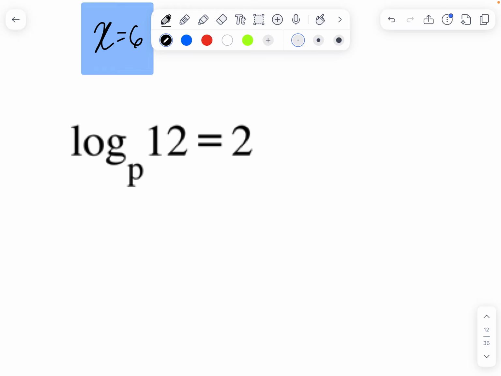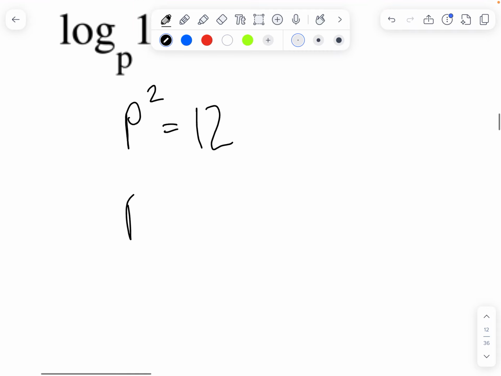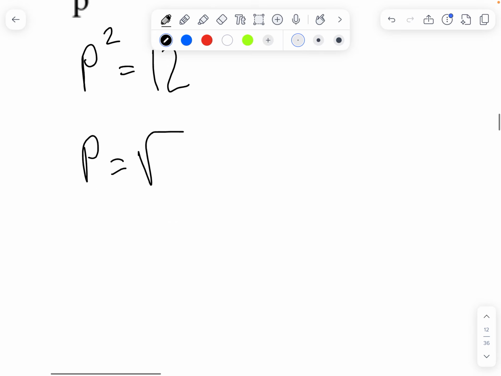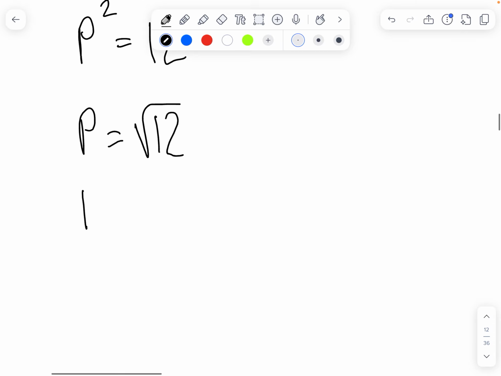Okay, on to the next question. So for this one, we have to convert this to p squared equals 12, right? And then p equals the square root of 12. And then p equals the square root of 2 squared times 3.